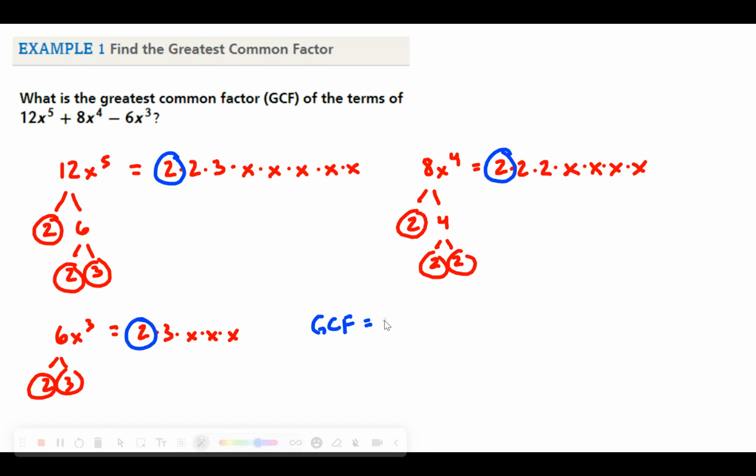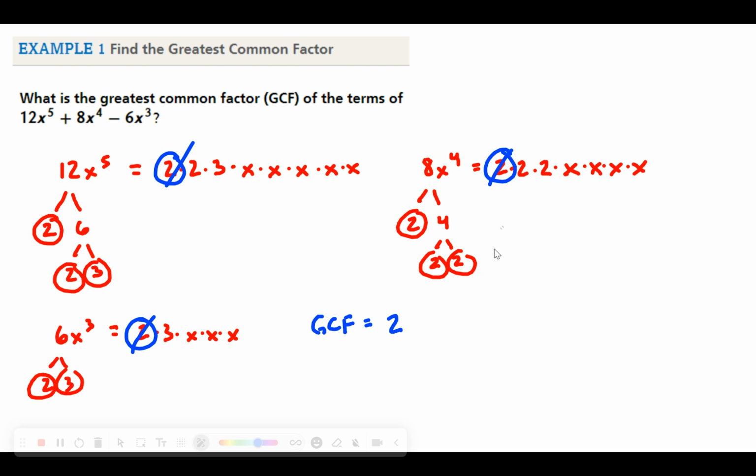So we know that our GCF will include a 2. Now, this 12 has a second 2, 8 has a second 2, but 6 doesn't have a second 2. So you can't put a second 2 in your GCF. And 12 has a 3, but 8 doesn't have a 3, even though 6 has a 3. So there's no more numbers.